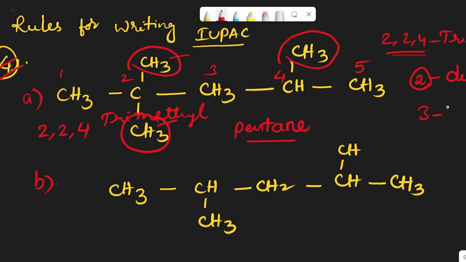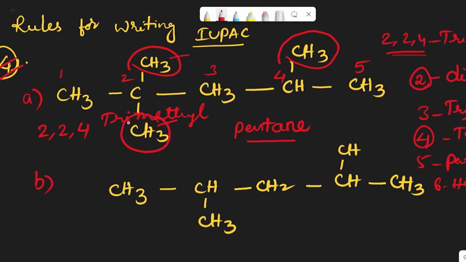If 3 are there, tri. If 4 are there, tetra. If 5 are there, penta. If 6 are there, hexa, like this. If the same substituent group is present several times, we name it di, tri, tetra, penta, hexa, like this.